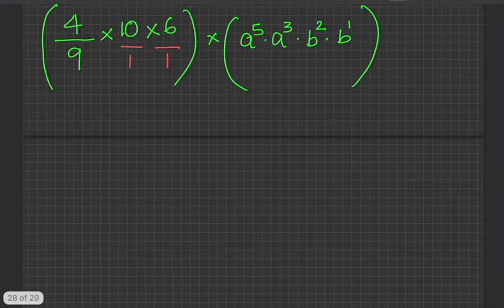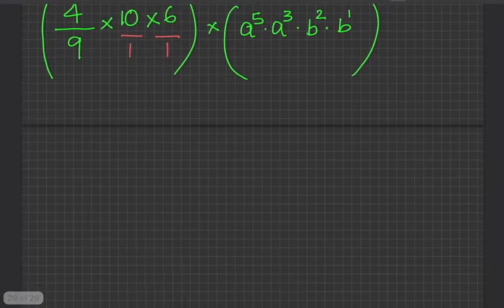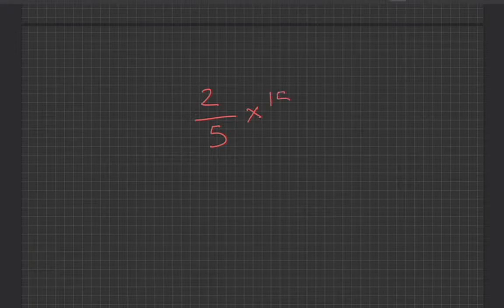Just a note on how we do the canceling of common factors. Just giving you an example. Let's say I have 2 by 5 times, let's say I have 15 by 4, right?